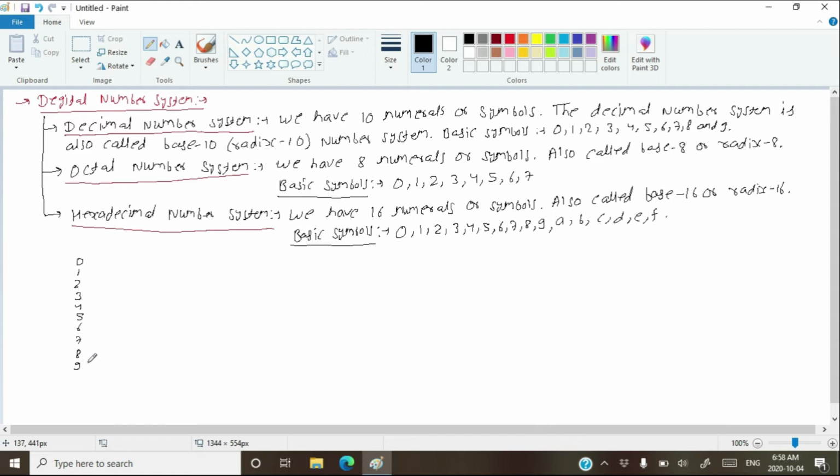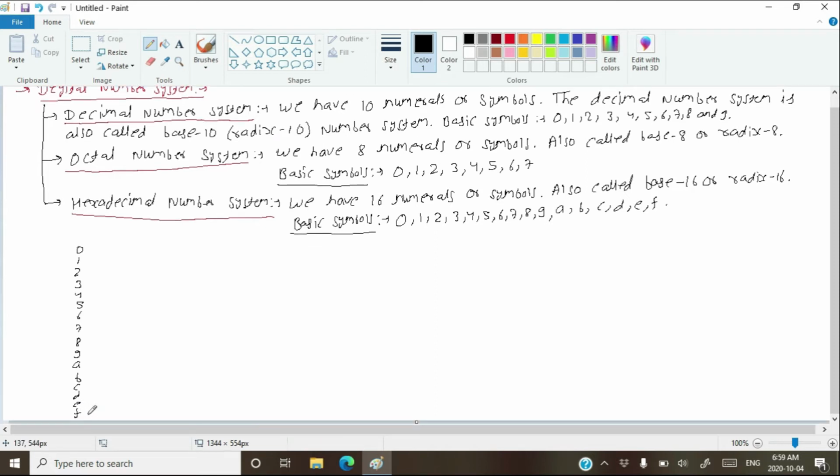First you have to exhaust all the basic symbols you have, and here we have 16 basic symbols. That's how before we go to 10, we have to exhaust all the basic symbols. So after 9, it comes A, B, C, D, E, and then F. So when you reach F, that means you have exhausted all the basic symbols. So after reaching F, next you can start counting from 10.